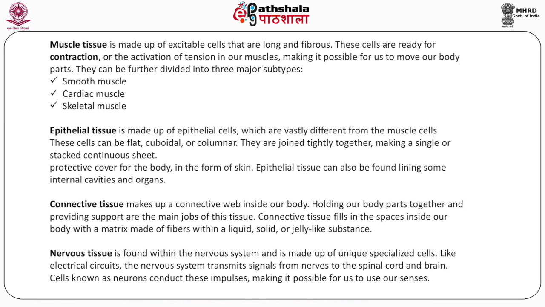Nervous tissue is found within the nervous system and is made up of unique specialized cells. Like electrical circuits, the nervous system transmits signals from nerves to the spinal cord and brain. Cells known as neurons conduct these impulses, making it possible for us to use our senses.